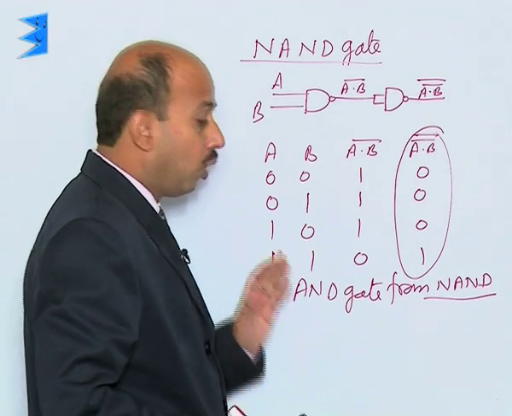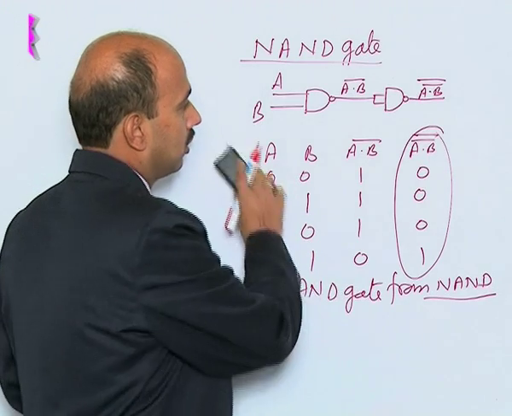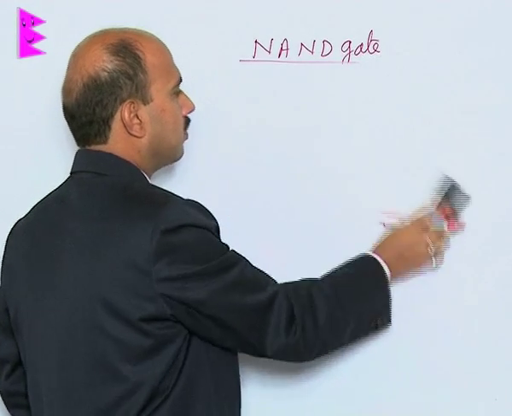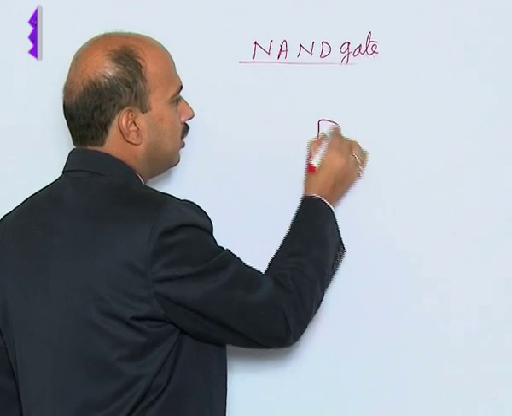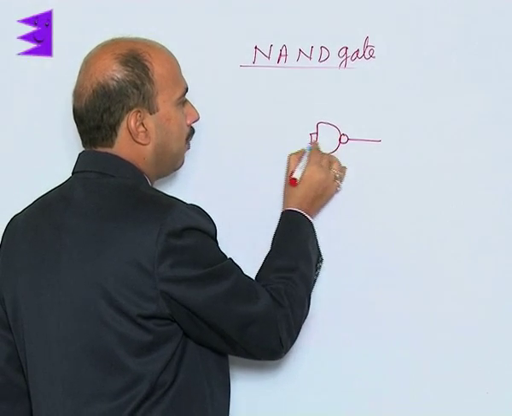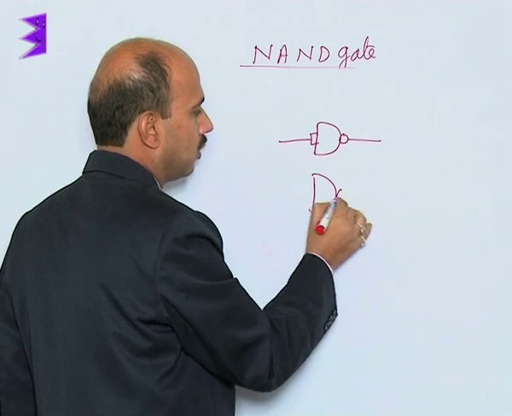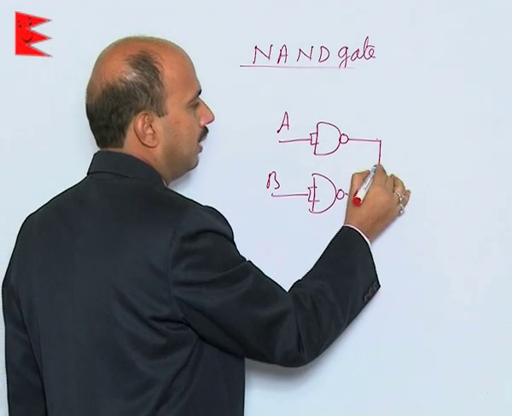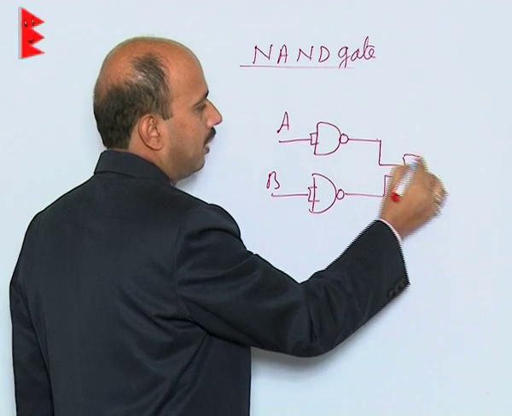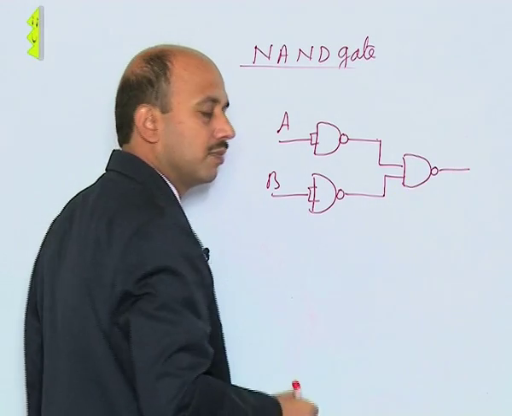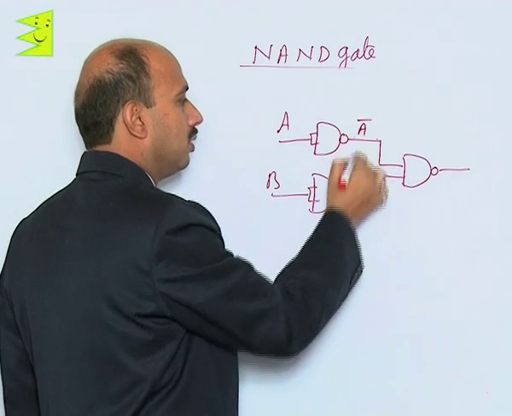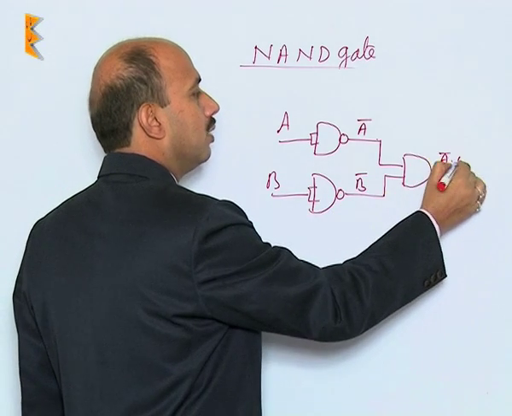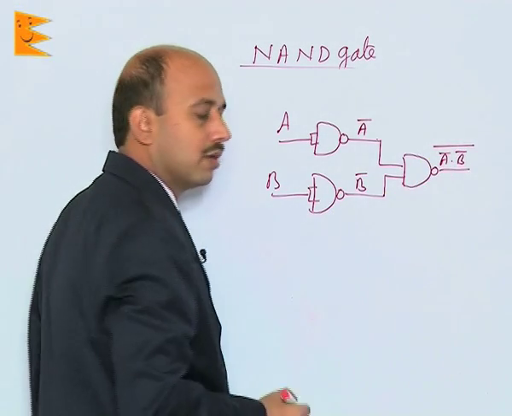Similarly, we can get the OR gate by using the NAND gate. So, how do we get the OR gate by using the NAND gate? We just take these two NOT gates obtained by NAND. This is A, this is B, and they are used to feed another NAND gate. This is A bar, this is B bar, and then here we can write (A bar and B bar) whole bar.